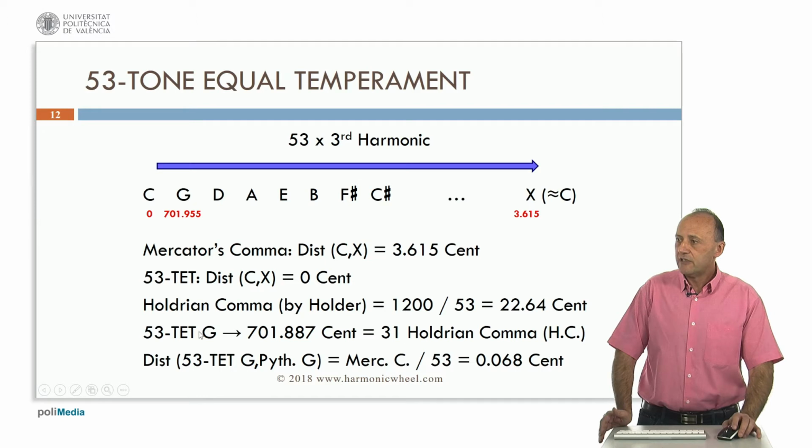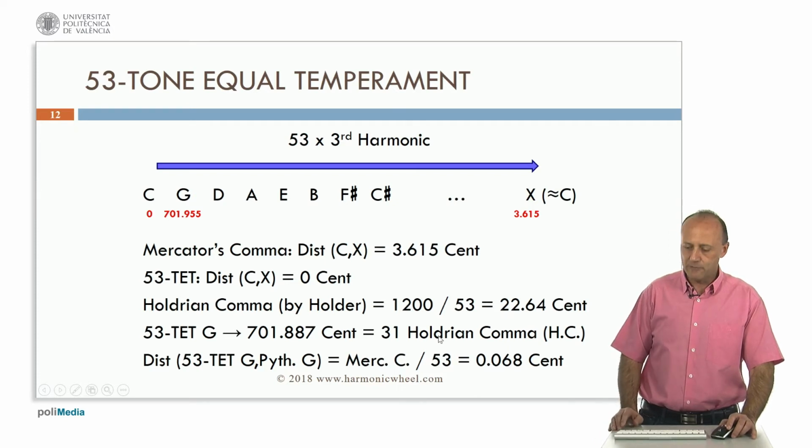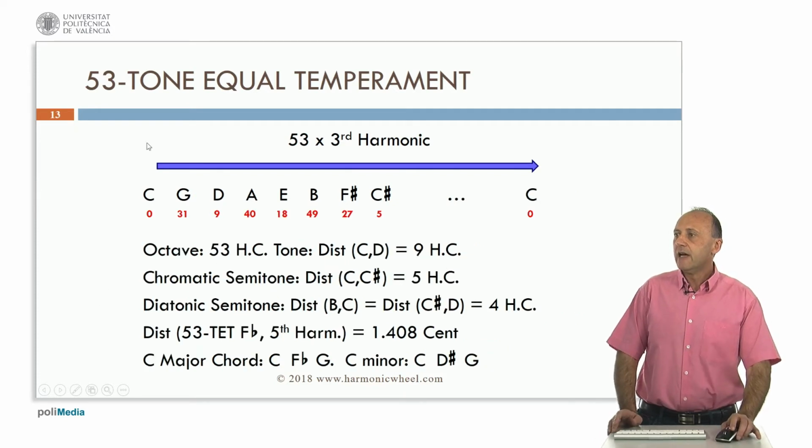The note G in this system is a bit lower compared to the Pythagorean G, by 0.068 cents. And this G has 31 Holdrian commas. Now here we represent the commas associated to each note.